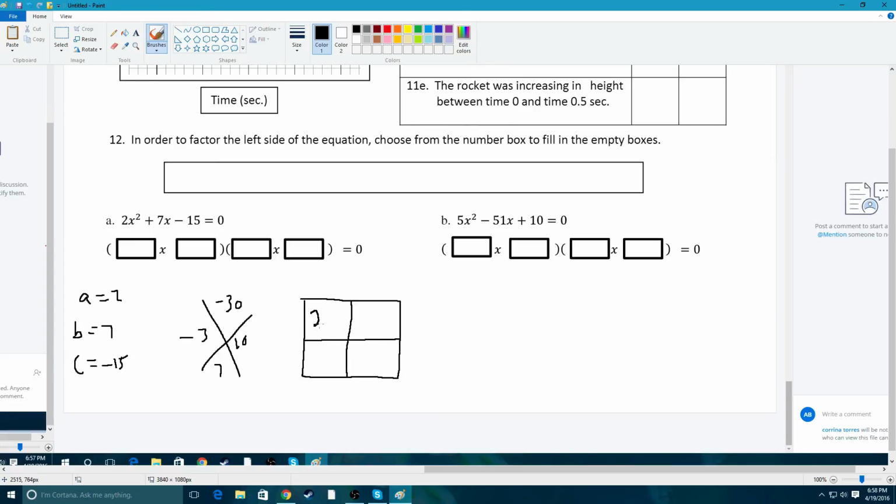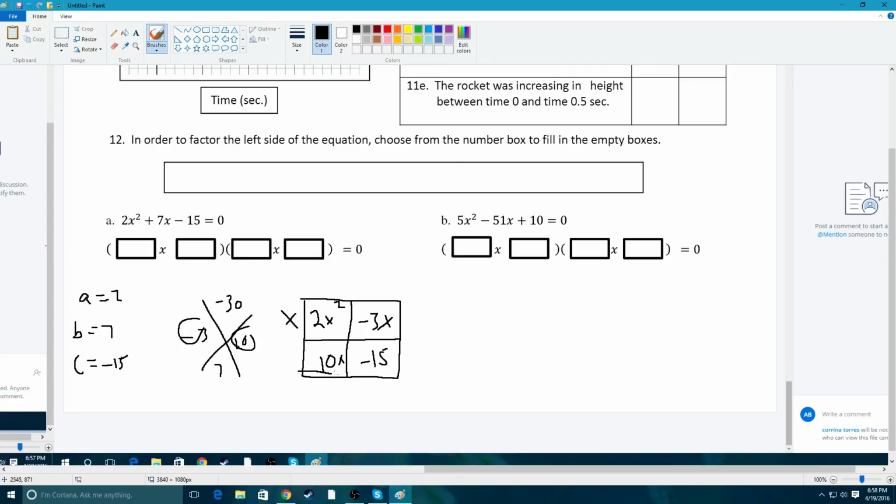So first term goes in the first box, last term goes in the last box. Numbers from here go into the box, so that's positive 10x, negative 3x. So the GCF of 2x² and -3x comes out to just x, 1x.